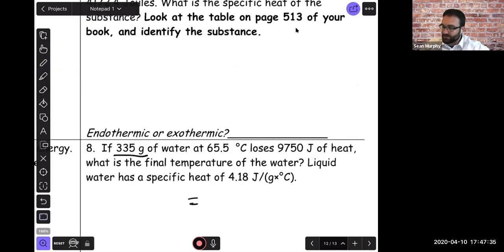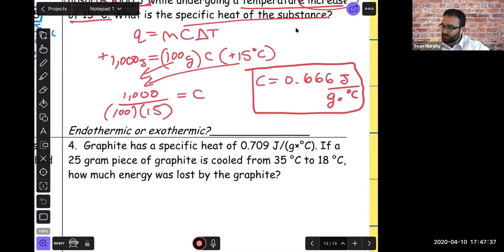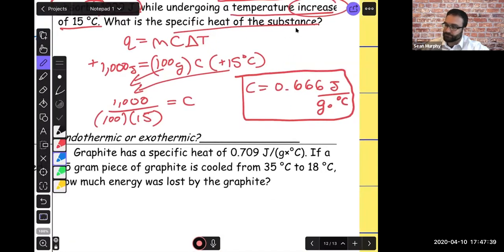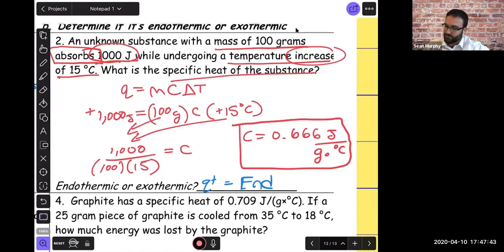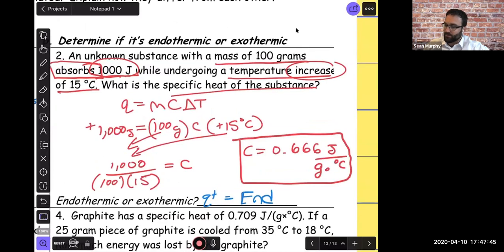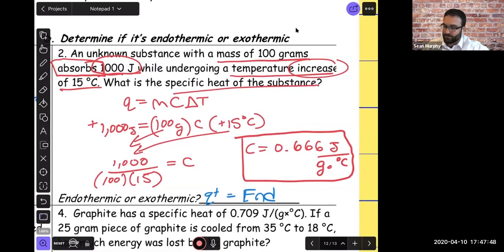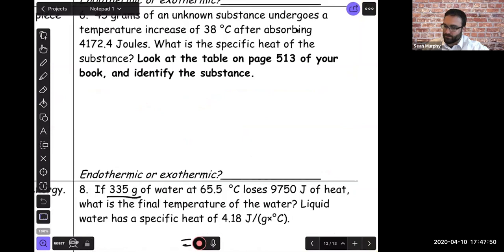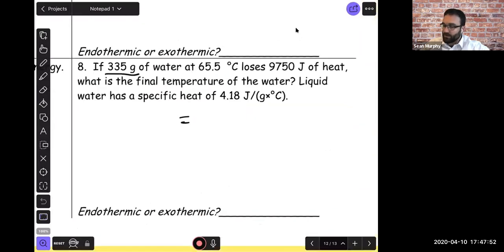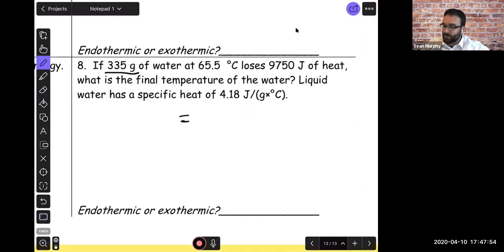So we had a positive Q equals endo. So for number 8, we have Q equals MCΔT.